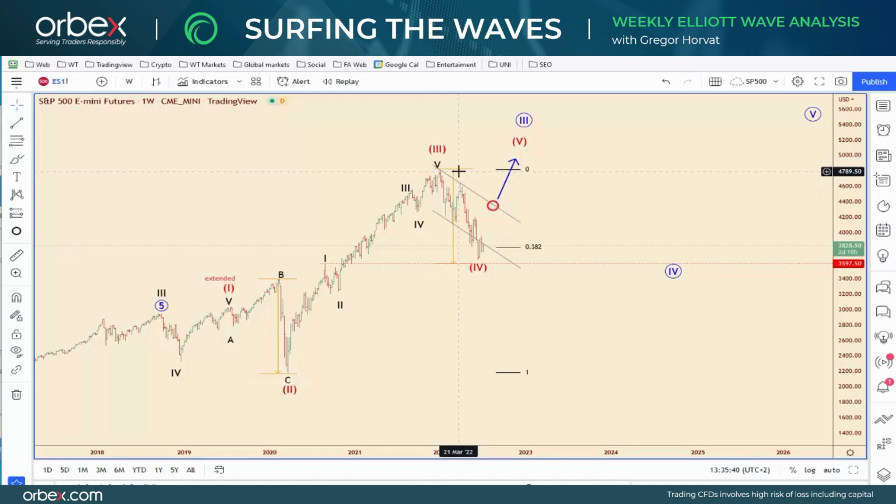So sentiment is becoming very pessimistic, and we need to keep that in mind, because markets move from pessimism to optimism and vice versa. Whenever we see such a strong and deep pullback, we have to be aware that at some point there will be a support and an interesting reversal.